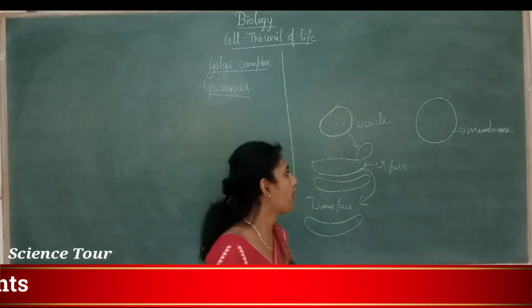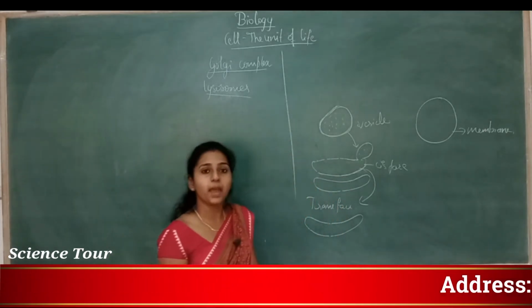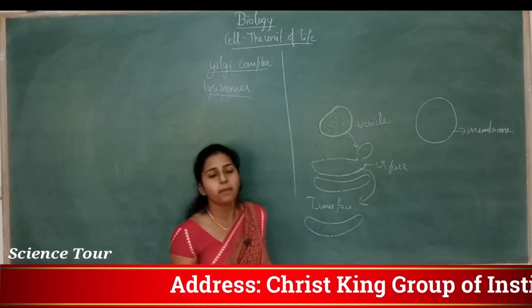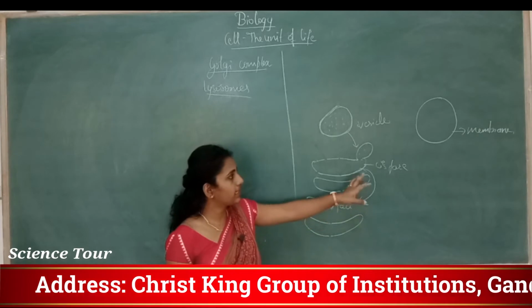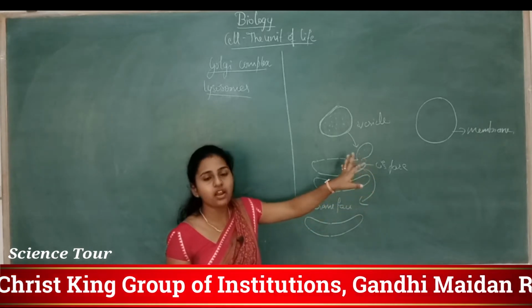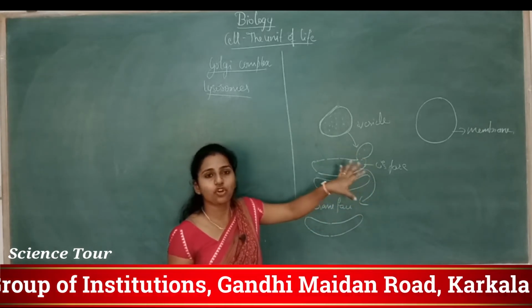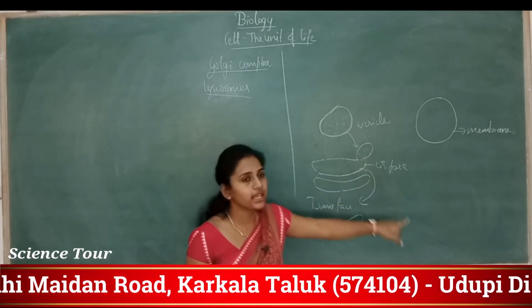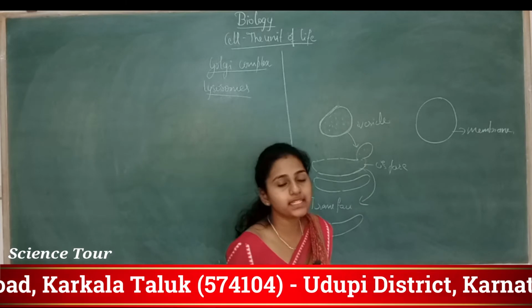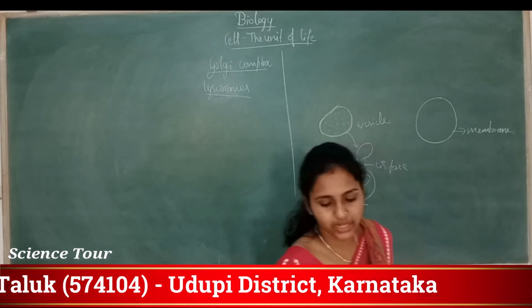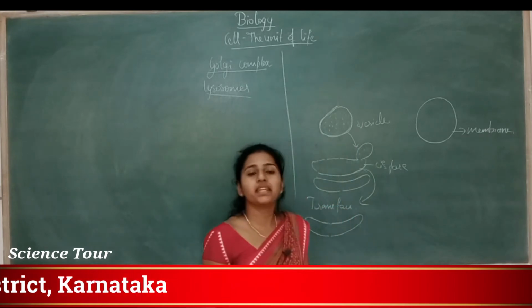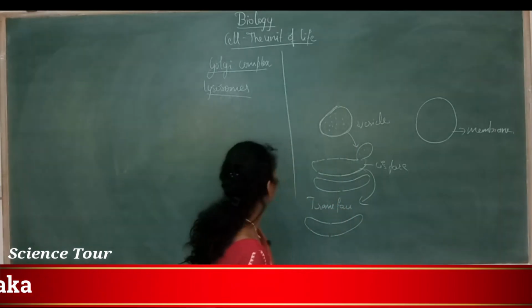Packaging happens in the Golgi complex. The main function of the Golgi complex is packaging of material. So these lysosomes are formed by the packaging of materials by the Golgi complex. On detailed study, the isolated lysosomes have been found to contain many types of hydrolytic enzymes.